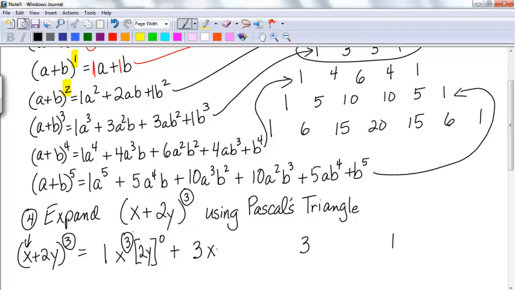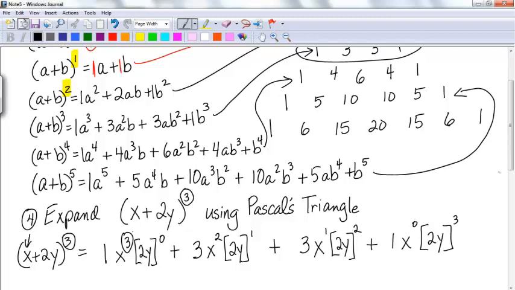We go descending order, so it'd be x to the second, then 2y, that quantity to the first, plus 3x to the first and 2y to the second, plus, and then we have a 1 and x to the 0, and 2y to the third.